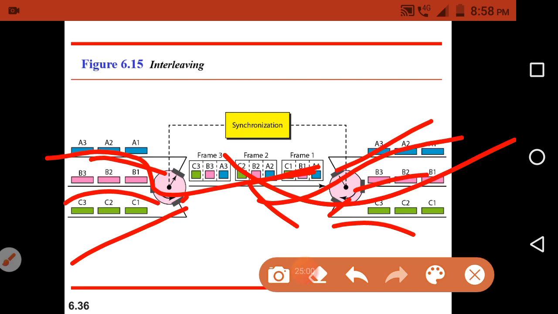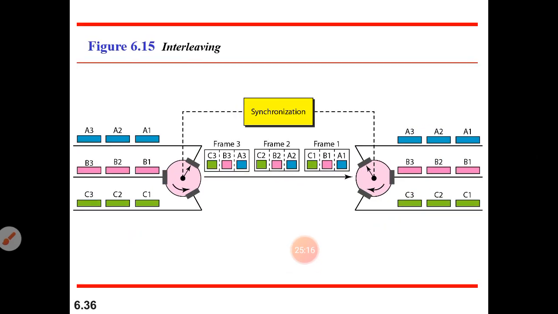The rate of sending data from each connection and the rate of receiving data on each path are the same. That can be done using two rotating switches, which is what we call interleaving.